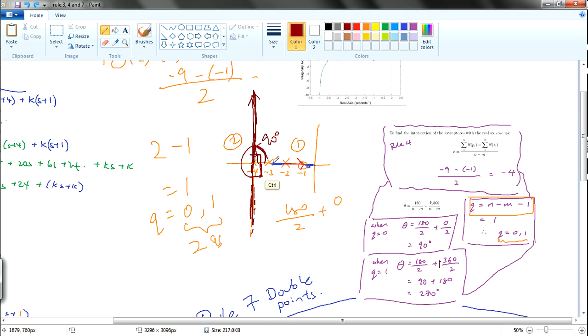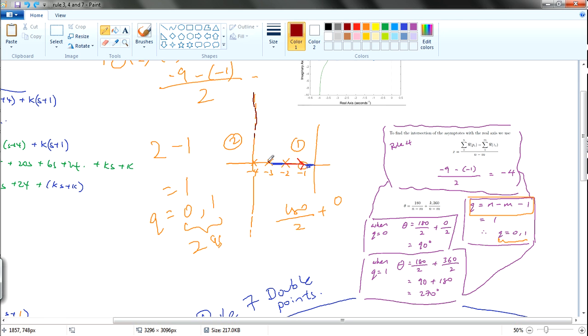So with these two asymptotes, the next thing you need to know is, since we have two poles over here, this pole will not move towards this side, because whatever is to the right of the odd number singularity should not be in the root locus.